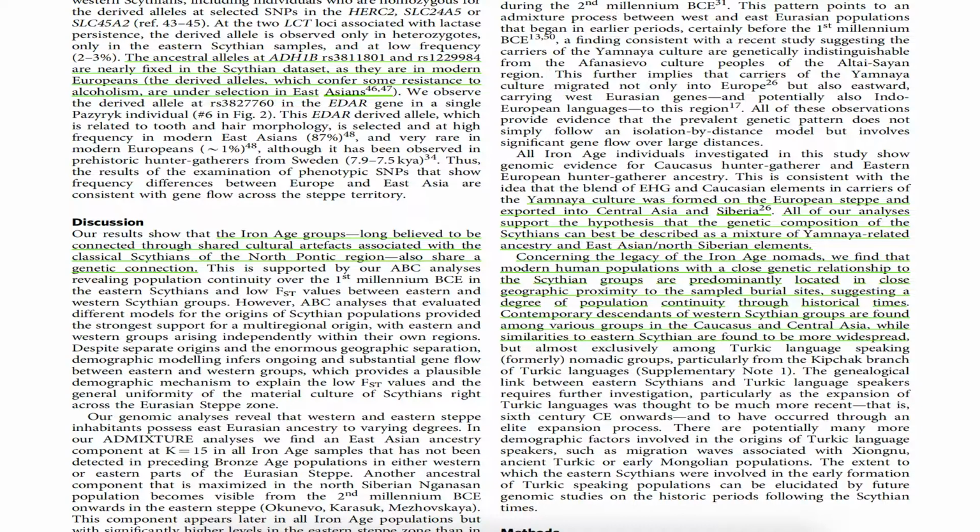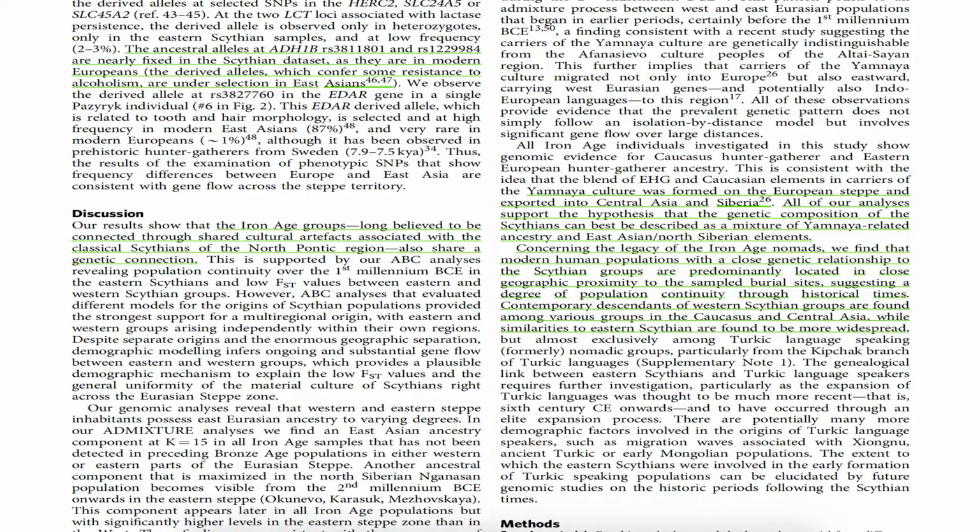Concerning the legacy of the Iron Age nomads, we find that modern human populations with a close genetic relationship to the Scythian groups are predominantly located in close geographic proximity to the sampled burial sites, suggesting a degree of population continuity through historical times. The contemporary descendants of Western Scythian groups are found among various groups in the Caucasus and Central Asia, while similarities to Eastern Scythian are found to be more widespread.